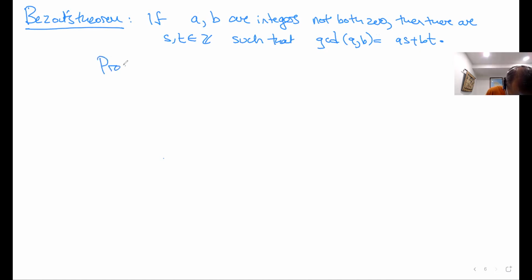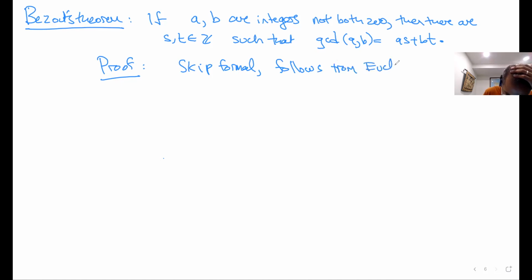The proof, we'll skip the formal proof for now, but it follows from the Euclidean algorithm, because you can always do that back substitution. You can write a formal proof.